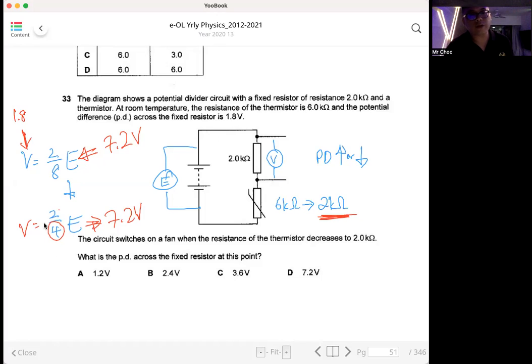So 2/4 of 7.2, what's the answer? Ryan, calculate again. Okay, well done, Ryan. You may leave. Okay, so the answer will be C.